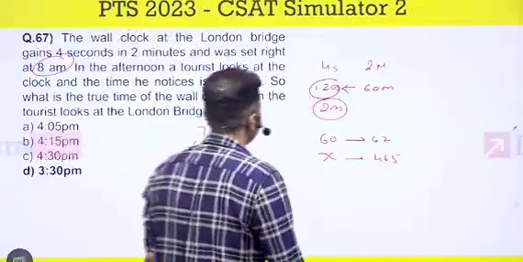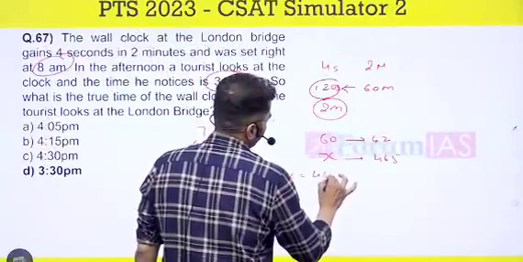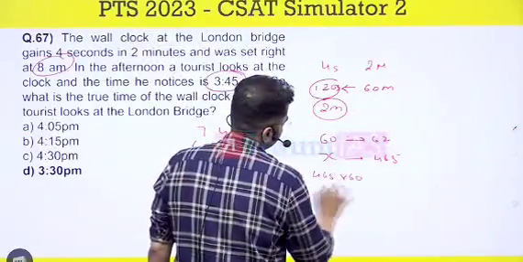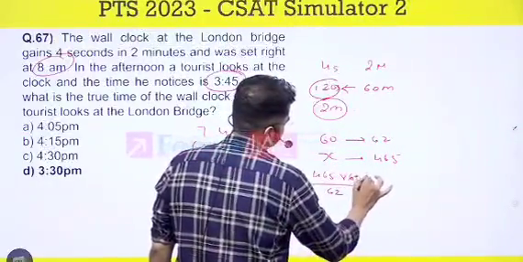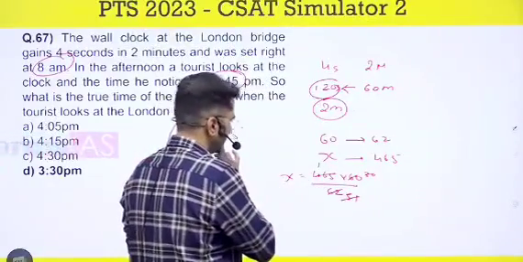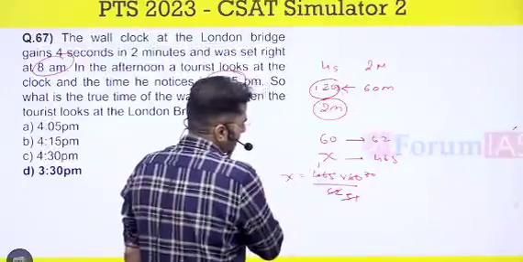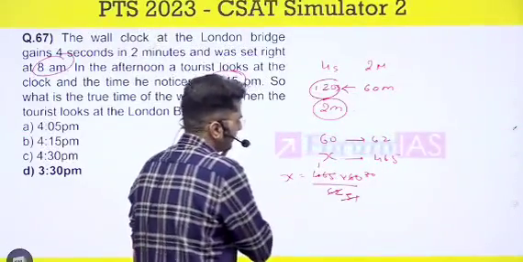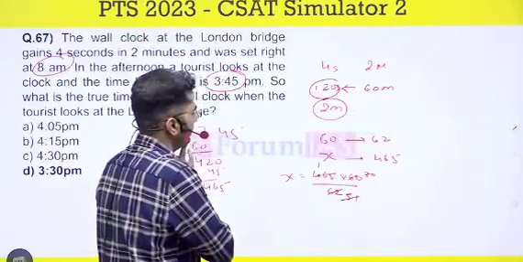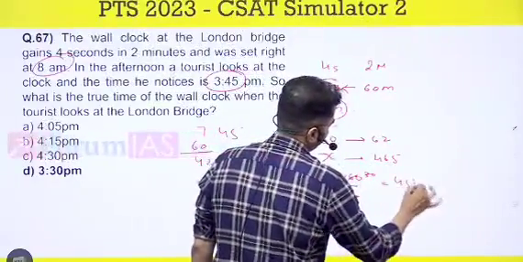How do we get this? Here x is equal to 465 into 60 upon 62, which is 450.